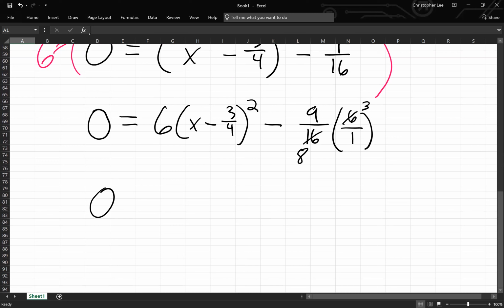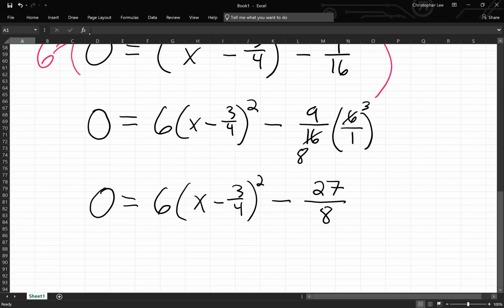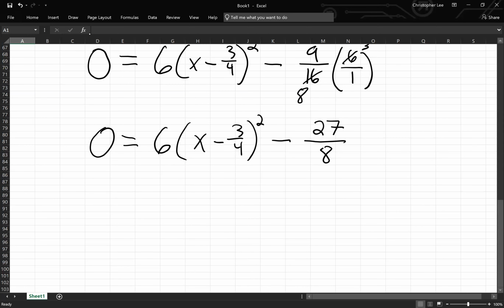So I'm going to have 0 is equal to 6 times x minus 3/4 squared minus 9 times 3, I think, which is 27 over 8, right? All right, so now I'm looking at your question.